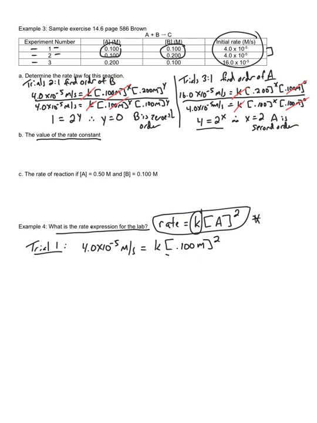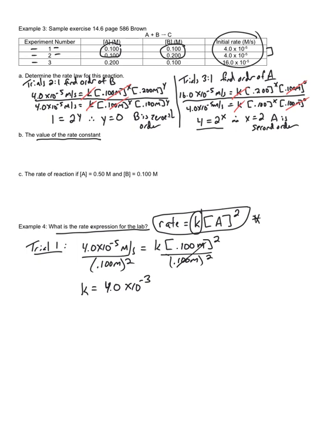All right, solving for K, we'll divide by 0.1 molar squared. So going ahead and doing the math, 4 times 10 to the negative fifth divided by 0.1 squared, the value of the rate constant ends up being 4.0 times 10 to the negative third.